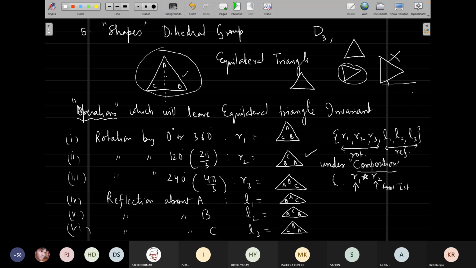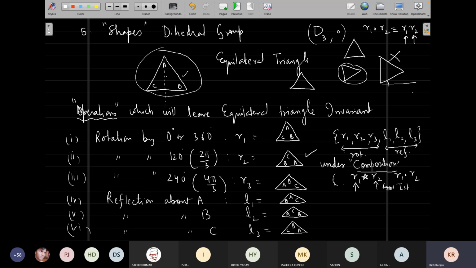Under the common way of writing, since I am using just star for any general group, I will use R1 dot R2. At times you will see that in most places people do not even write the dot. So instead of writing R1 dot R2, it is written as R1 R2, which means I am going to apply R2 and then apply R1 on the triangle.